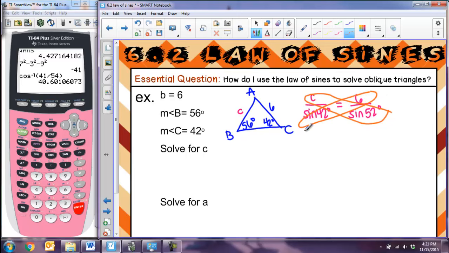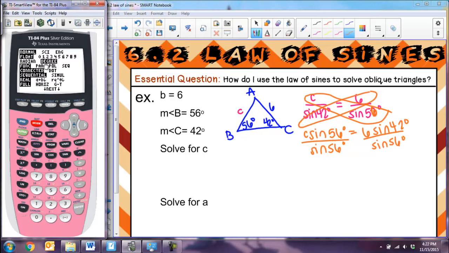So I would have C times the sine of 56 degrees is equal to 6 times the sine of 42 degrees. This is just a number, and if I'm trying to isolate C, I would divide both sides by the sine of 56. We're going to use our calculator for this, and make sure you are in degrees before you do anything.